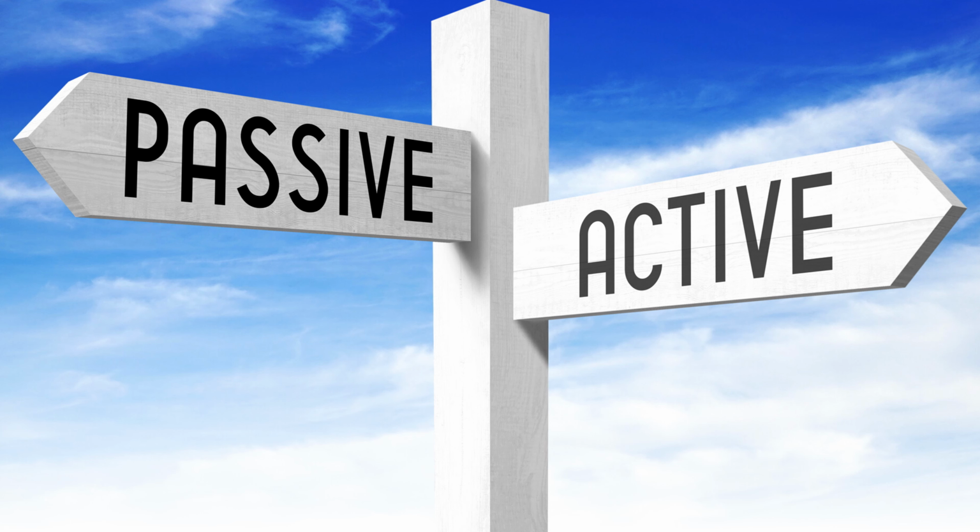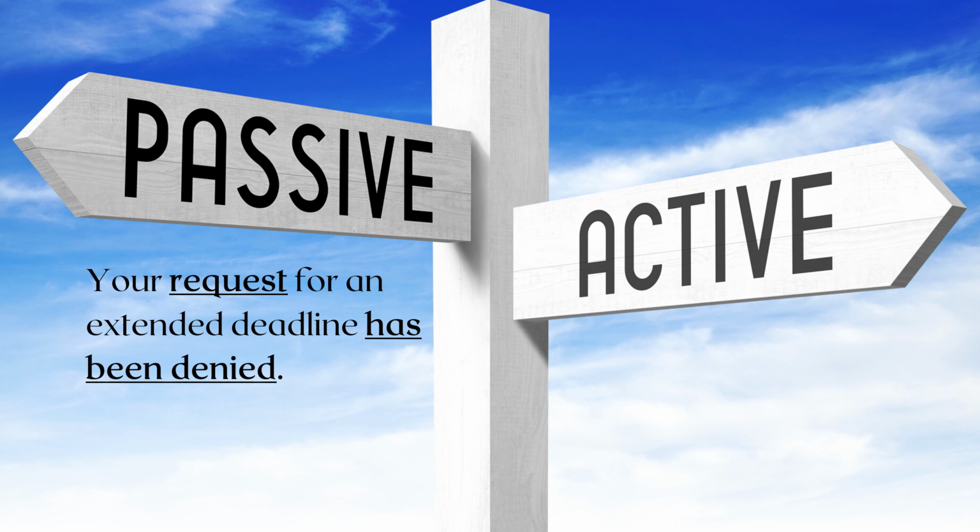Sometimes people write in the passive voice because they don't want to be the bearer of bad news. In the sentence, "Your request for an extended deadline has been denied," we don't know who has denied the request. Writers of such sentences distance themselves from the denial. This sentence is passive because request is both the subject of the sentence and the object of the verb "has been denied."